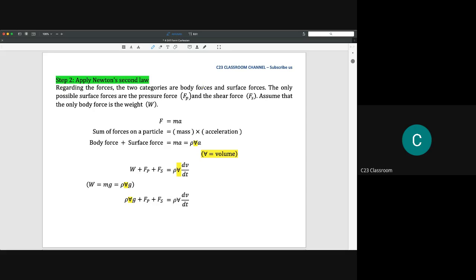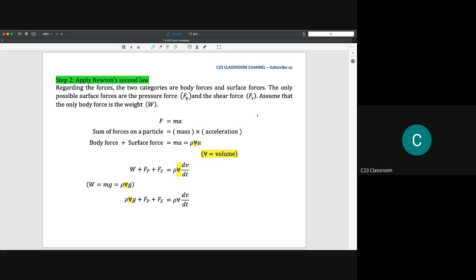Body forces mean forces that come from the body itself, so it's the weight of the molecule. And surface forces are forces that come from the fluid going around the particle, the forces that may exist when fluid flows around the particle.